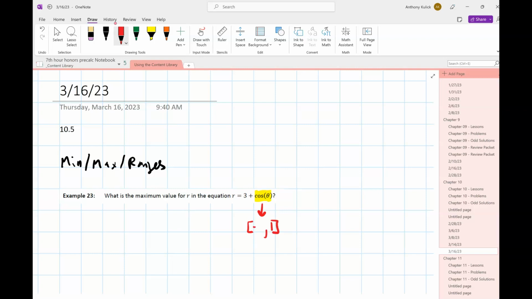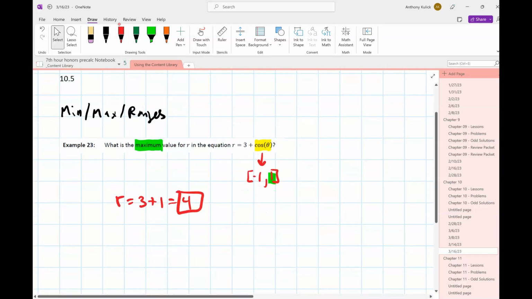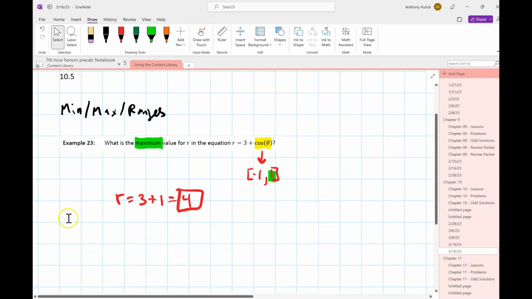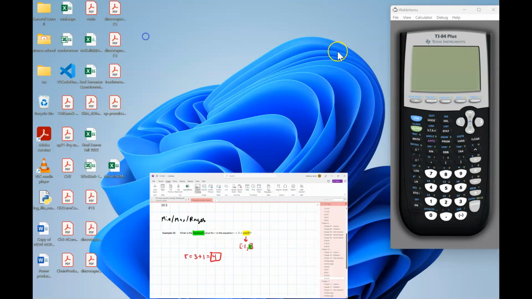Yeah, -1 to 1, right? So if we want the maximum value, then for r, we want the maximum value for cosine, since I have r is 3 plus cosine. So just 4. Everybody cool with that? Like super straightforward, right? Just had to remember the range for cosine.